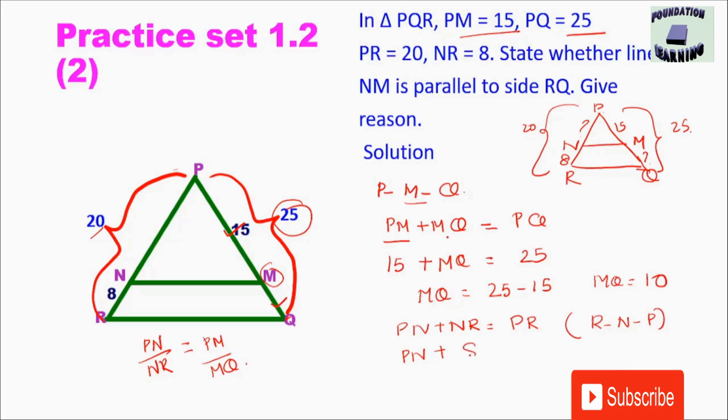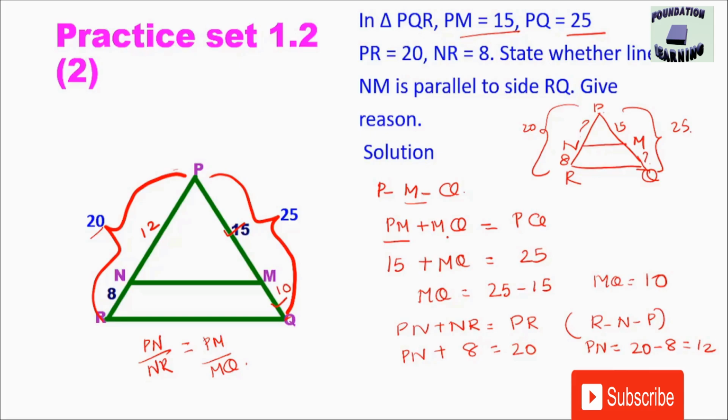NR is 8 and PR is 20. So PN is equal to 20 minus 8, which is 12. So we have got the values of PN, which is 12, and the value of MQ, which is 10.